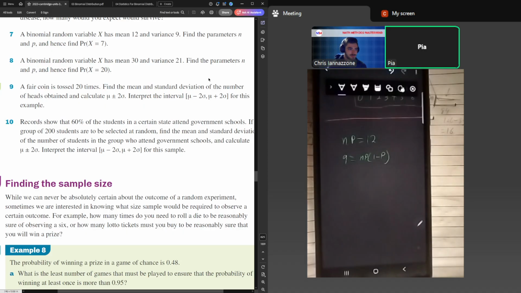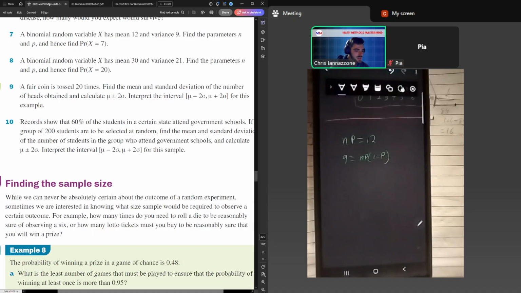N would be 20. Yep, that's it. P would be half. That's it. Yeah, n is 20, p is a half. Do you want to go any further than that, or is it clear that you do your mean, standard deviation, and then you do your plug-in? Yeah, that's all good.